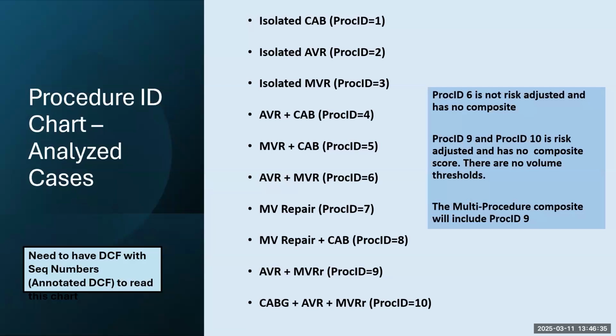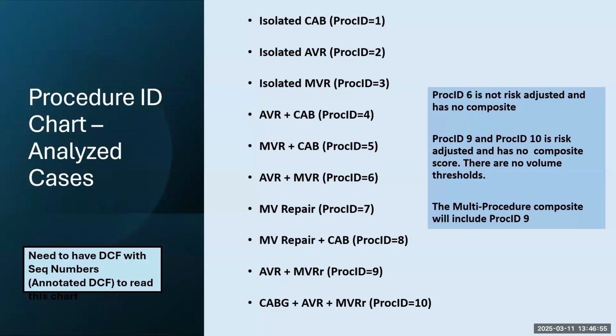Kelly says she thought the AVR and MVR is part of the new star rating. So AVR and MVR is part of multi-valve, and multi-valve will be a part of multi-procedural.